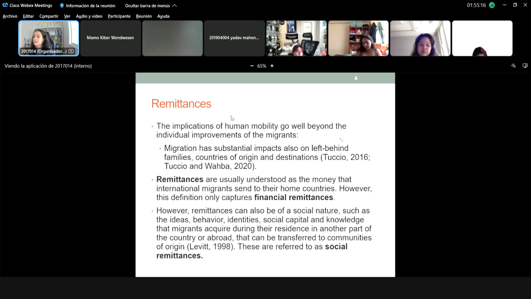And this is what remittances are basically about. The literature says that migration has a substantial impact, not just on the people that decide to go and live in another country, the migrants themselves, but, and this is what we're going to talk about here, it also has a lot of impact on their families back home, the left behind, if you want, the other part of the family that is still in the country of origin, on the country of origin in general, but of course also on destination countries.